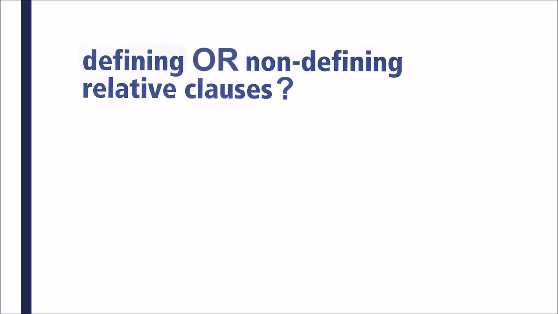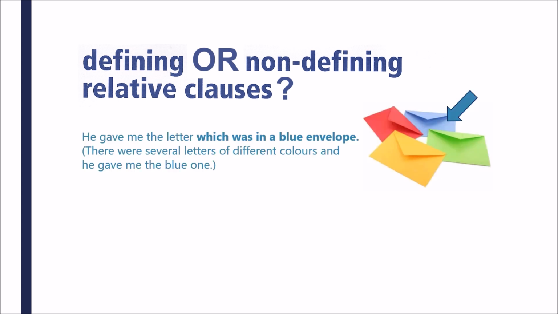There is still one factor that can affect your decision, that is context. In this sentence, we understand the need to use a defining relative clause because when I have 4 envelopes all in different colors, I need to be very clear which is the letter that I receive.